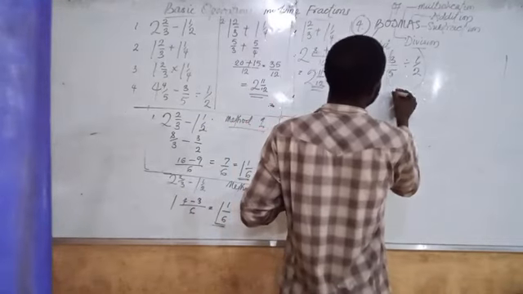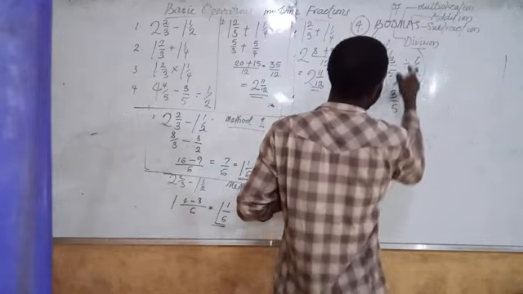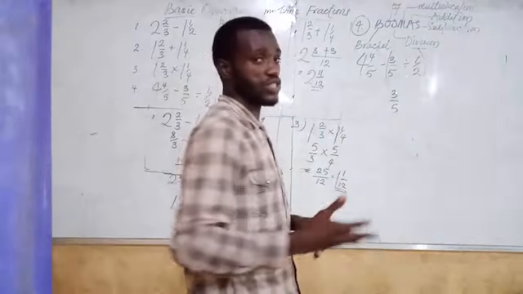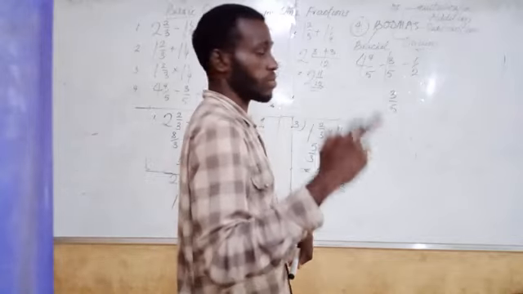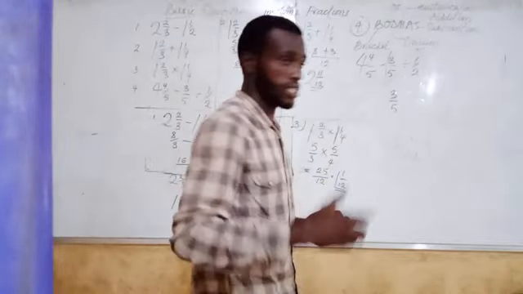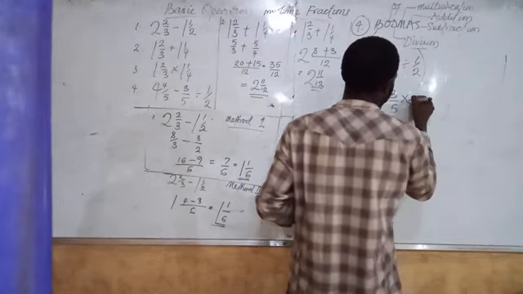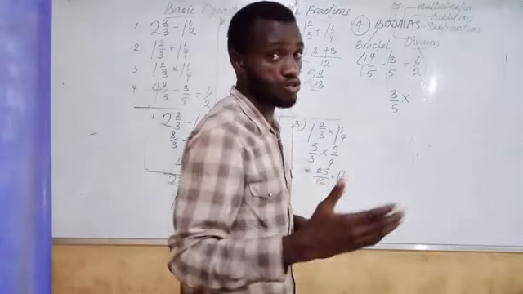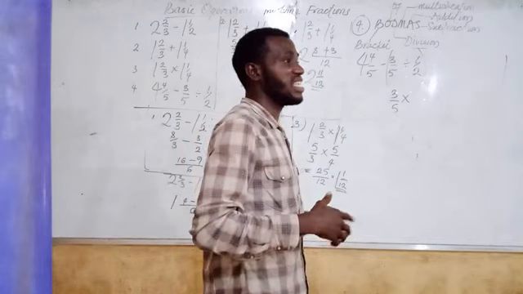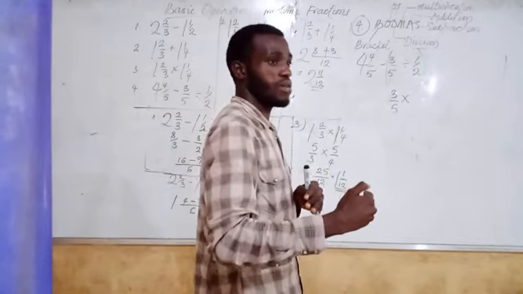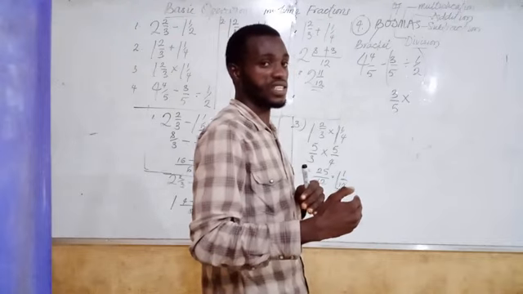Right, so we have 3 over 5 divided. Now, division in basic operation changes to times so that we can be able to cut wherever necessary. So we are going to change this division to multiplication. Now, whenever division changes to multiplication, the later fraction becomes an inverse fraction.